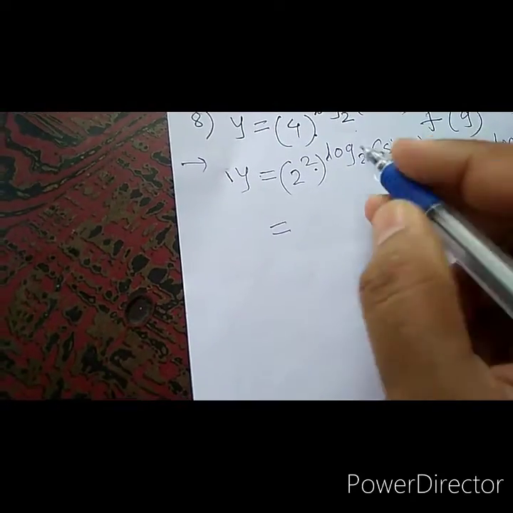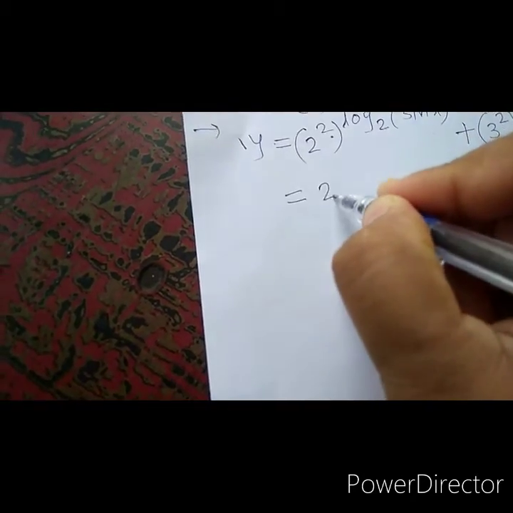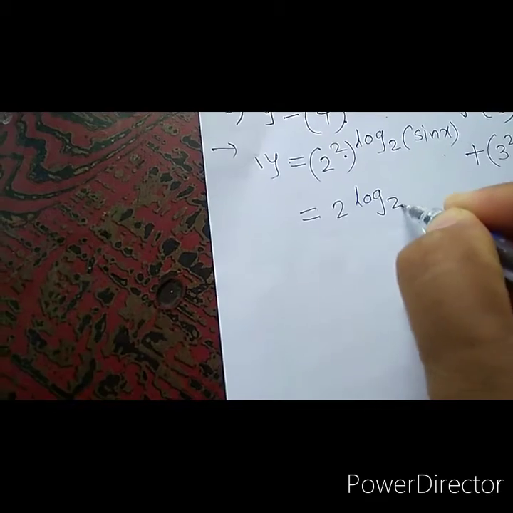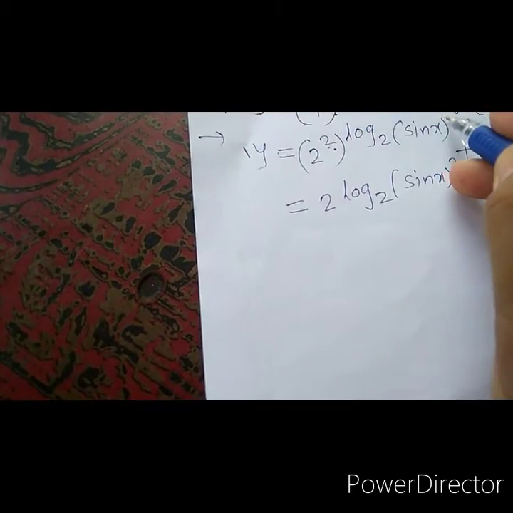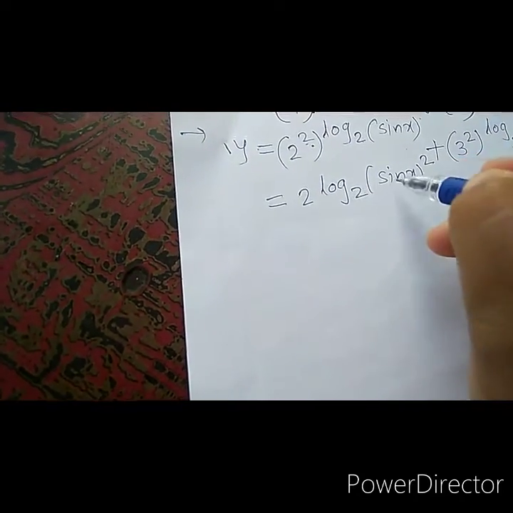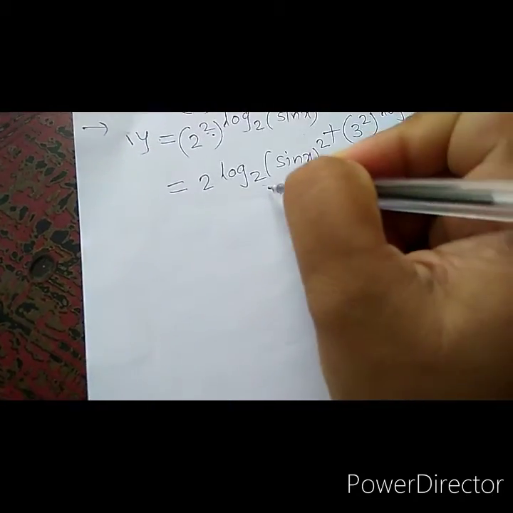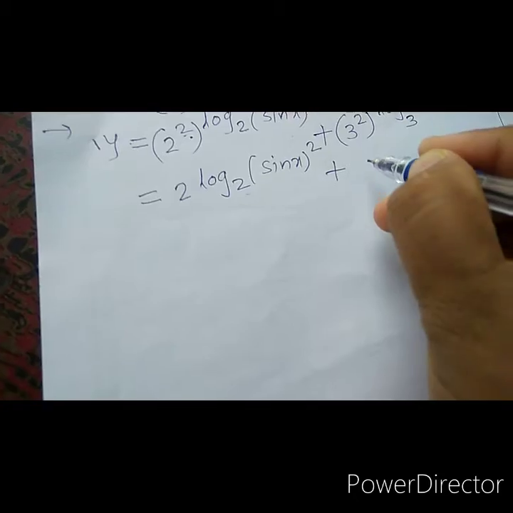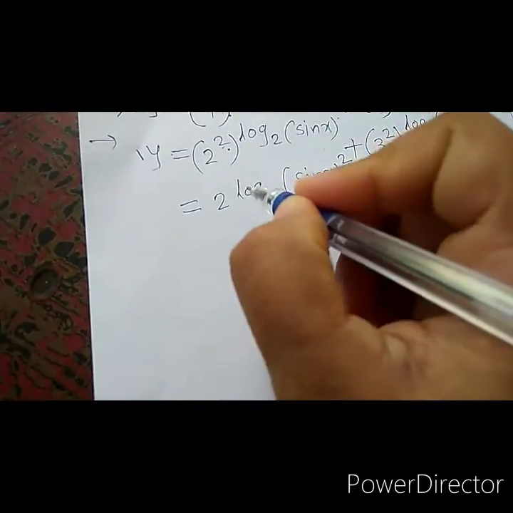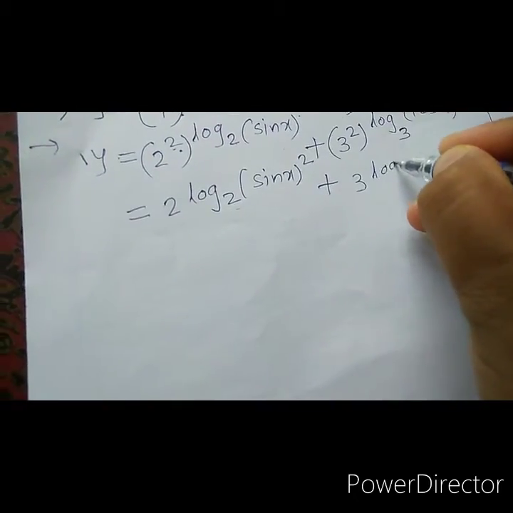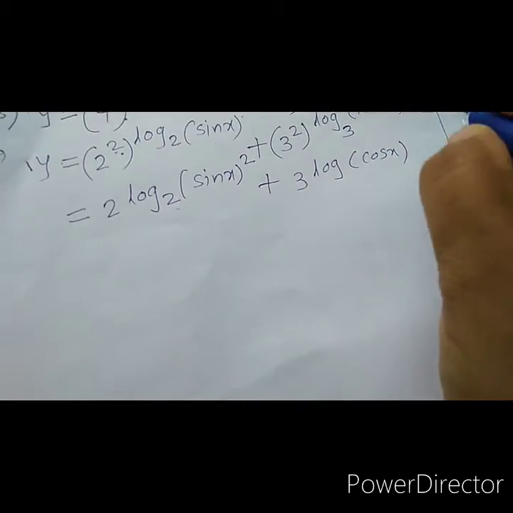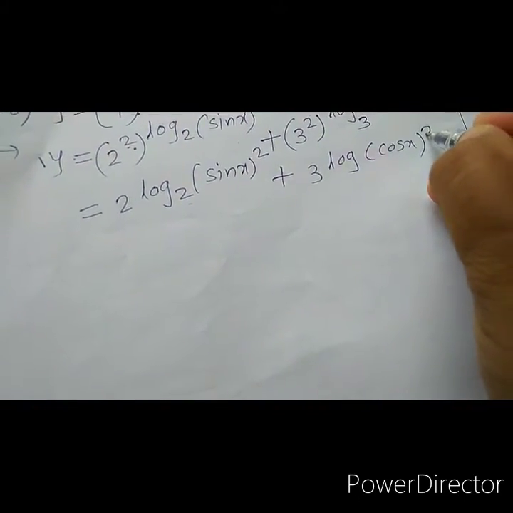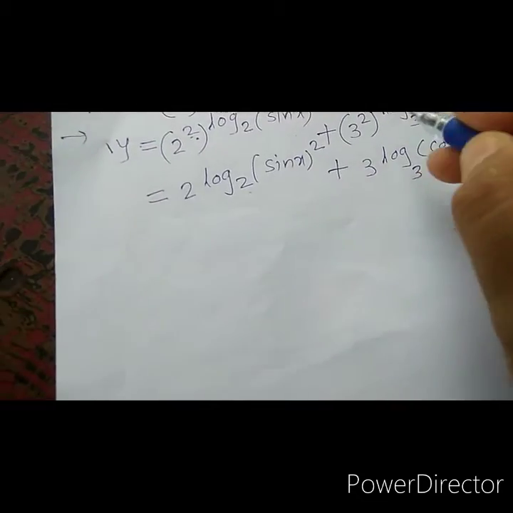So this term we can write in this way: 2 raised to log of sin x bracket square. This power will come here, therefore log of sin x square to the base 2 plus 3 raised to log of cos x bracket square to the base 3.